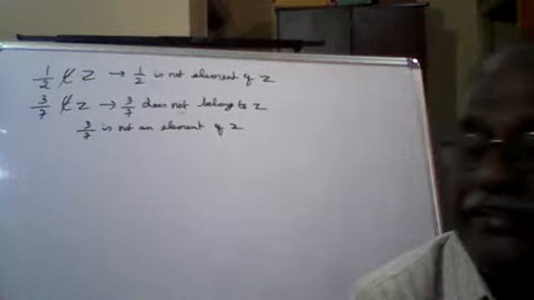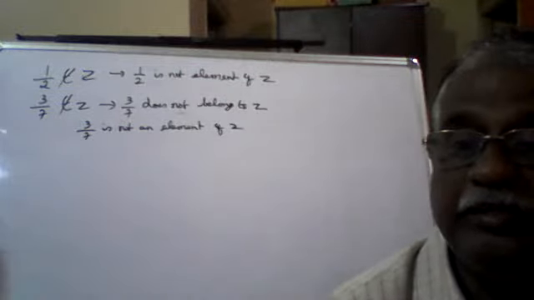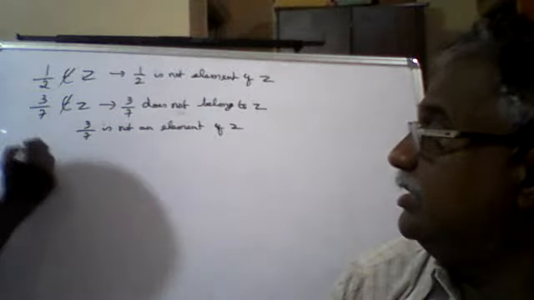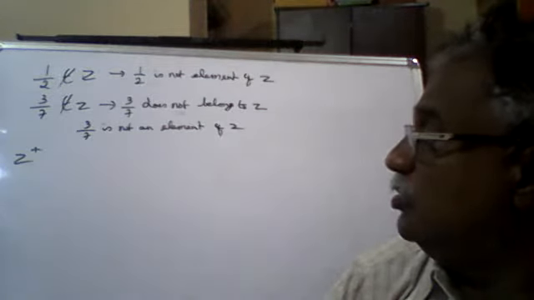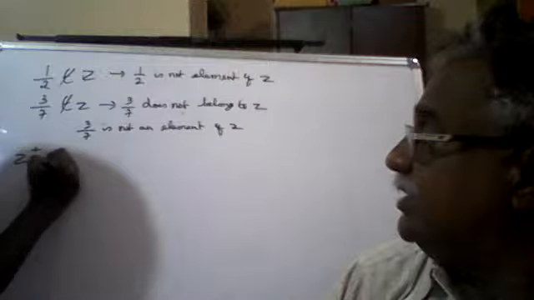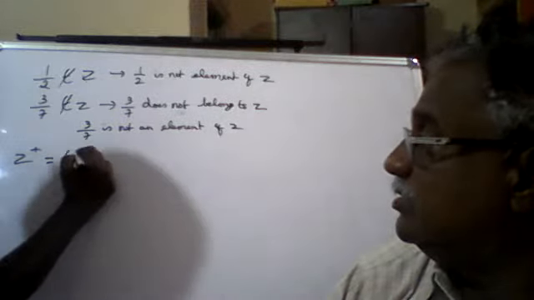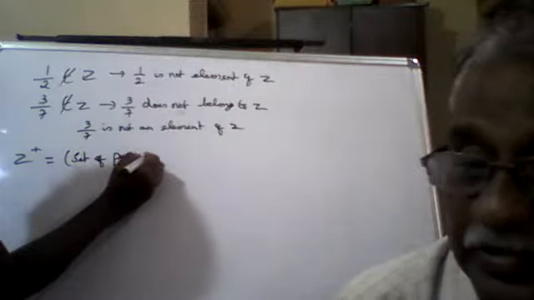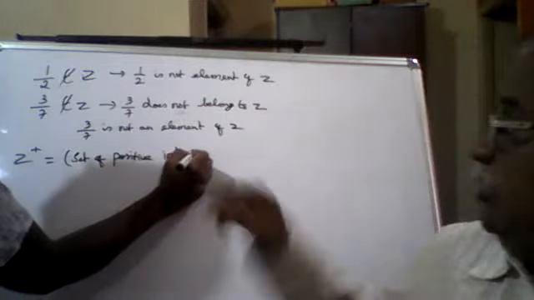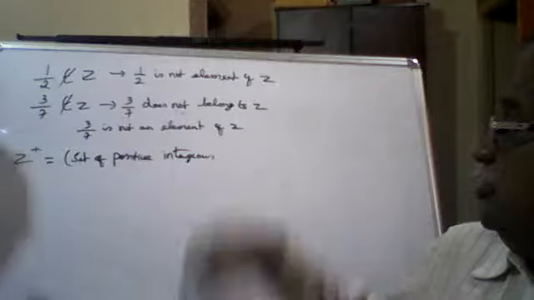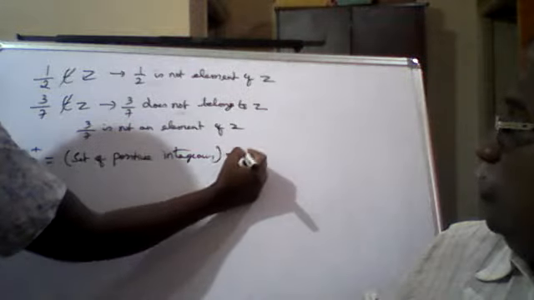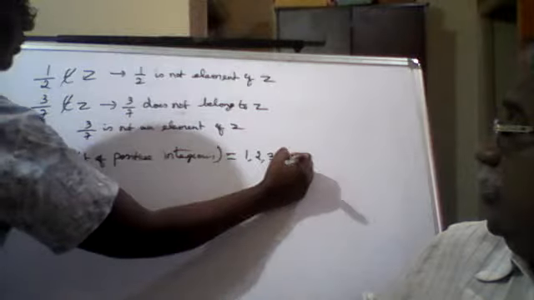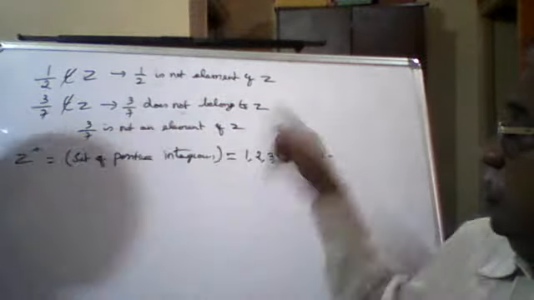Now, in certain syllabuses, you write Z plus, put a Z and put a plus on the top, equal to the set of positive integers. Close it and write equal to 1, 2, 3, 4, 5, 6, dot dot dot, and you close it.